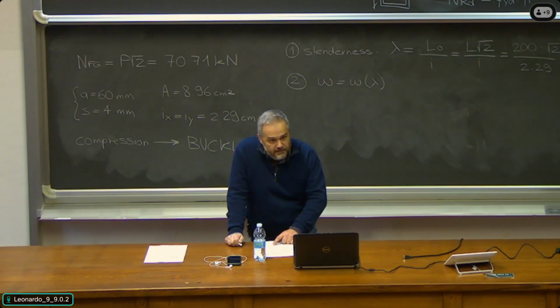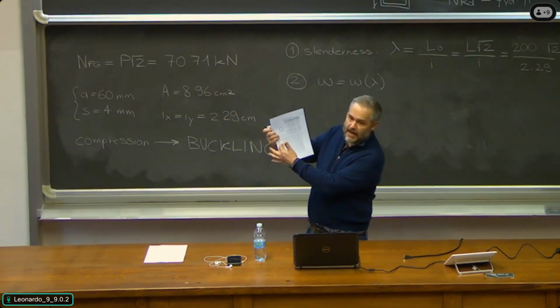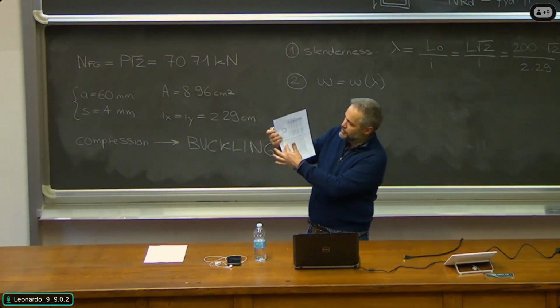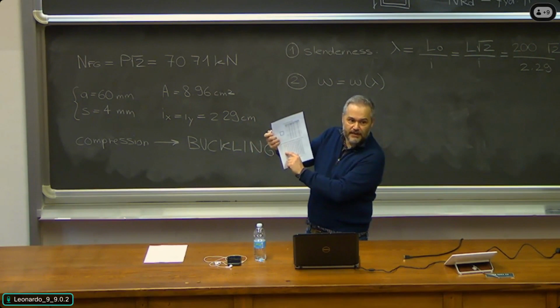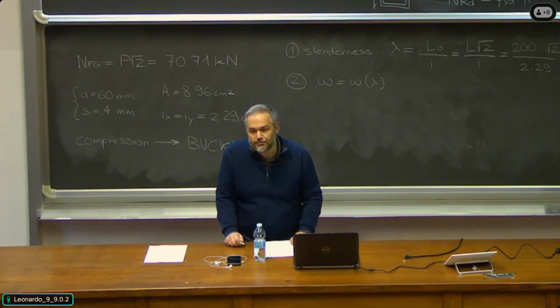Do you get it? The table is like this. The first column is lambda: 0, 10, 20, you move down to 120, and then you start moving to the right: 0, 1, 2, 3, until 5. This is how you get to the omega corresponding to lambda equal to 125.